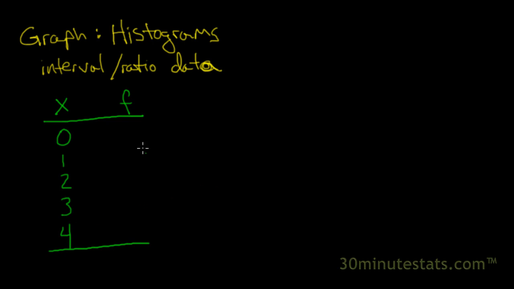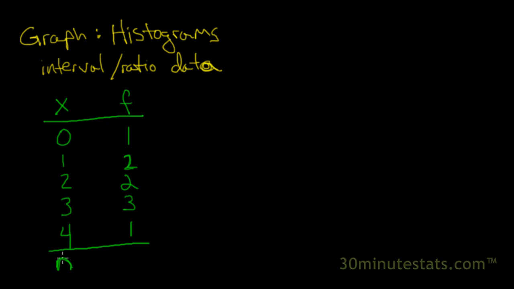And let's say that x has a frequency distribution that looks like this, where there's 1 0 in the data. There are 2 1s, 2 values of 2, 3 values of 3, and there's 1 4 in the data as well.